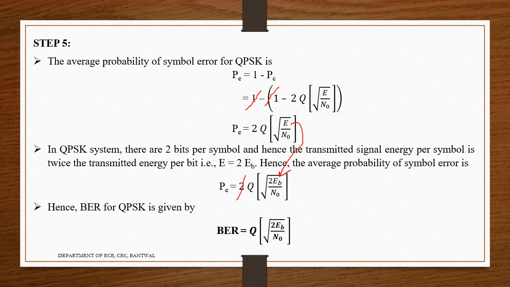Phi 1 of t is with respect to cos 2 pi fct, and phi 2 of t, the quadrature basis function, is with respect to sin 2 pi fct. We derived it from cos(A plus B), that is cos A cos B minus sin A sin B.